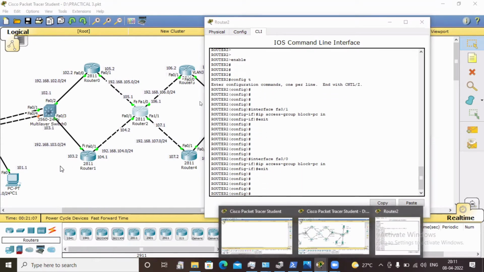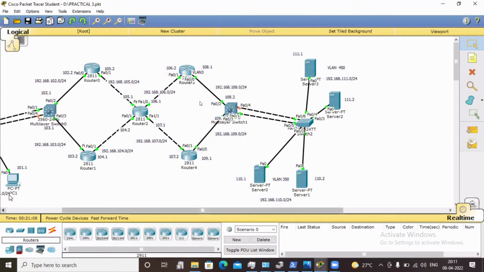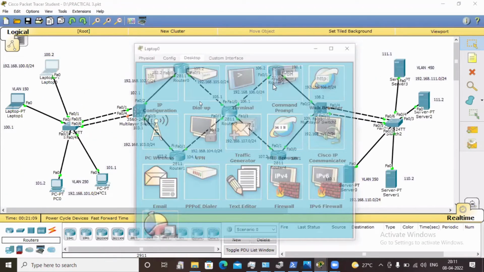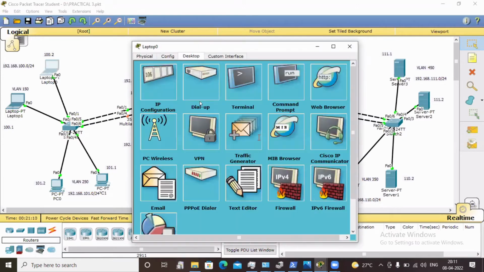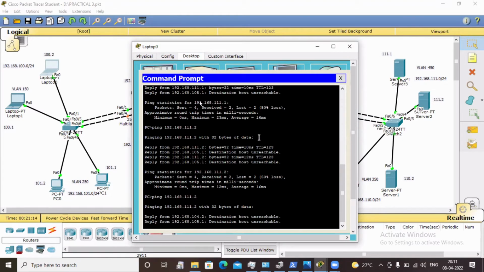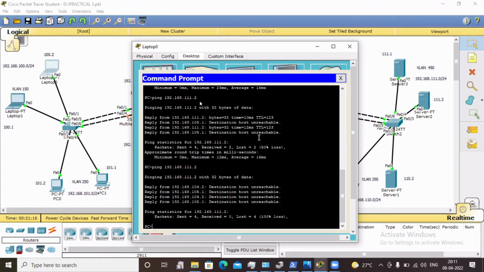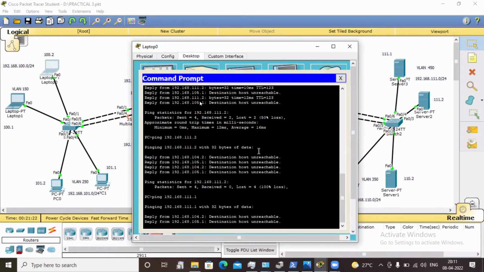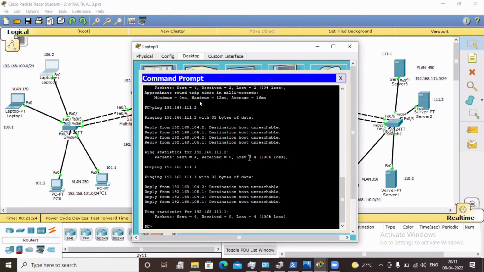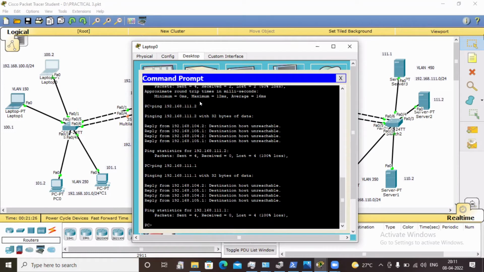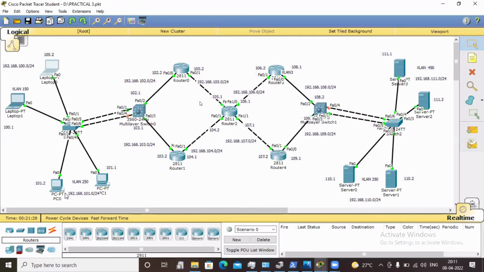Now ping from the client. Yeah, it's working. Same on this line, just ping from here. Ping it. Just ping it now.